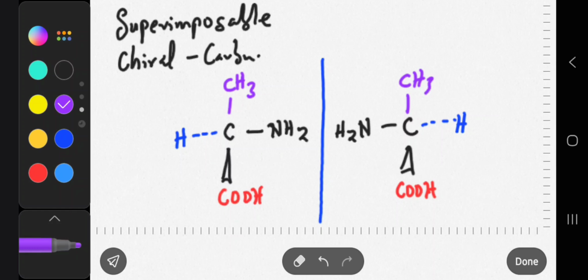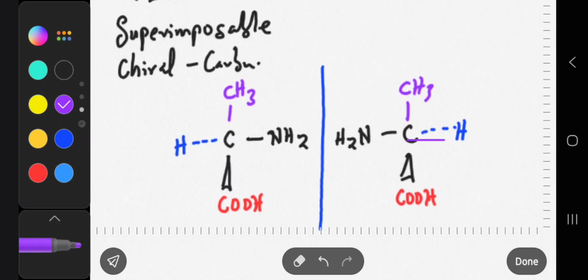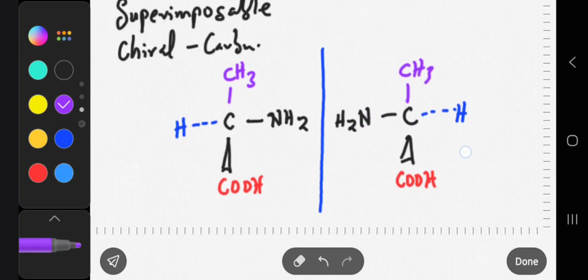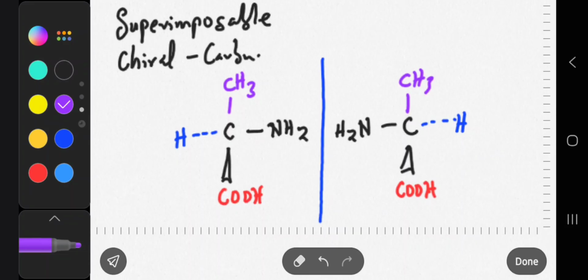Like I said, this is 2-aminopropanoic acid. There are 3 carbons there. On the second carbon, which is this, there's an amino group. So that's why this is alanine. So if you look closely, they form mirror images of each other, but then you can't really place them side by side. All right, they are not superimposable, meaning their images cannot fit onto each other atom by atom. That's what it means, okay?